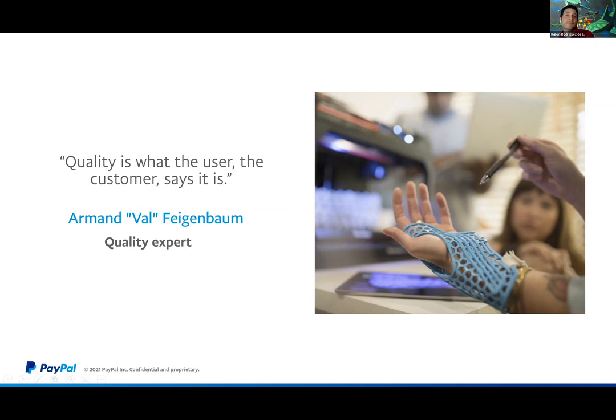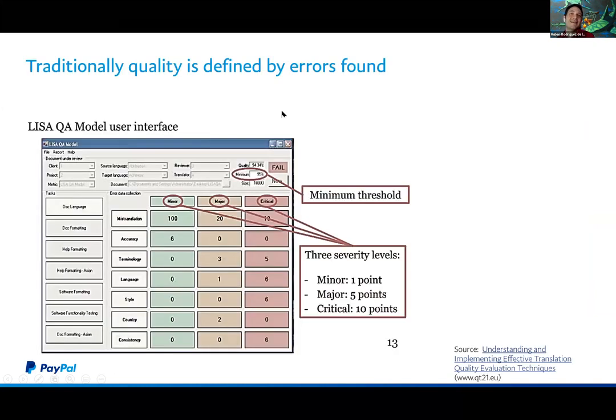Traditionally, we have defined quality in terms of the number of errors found, their category, and their severity. The primary example of this is the LISA QA model, which I'm adding here for illustration and out of nostalgia.